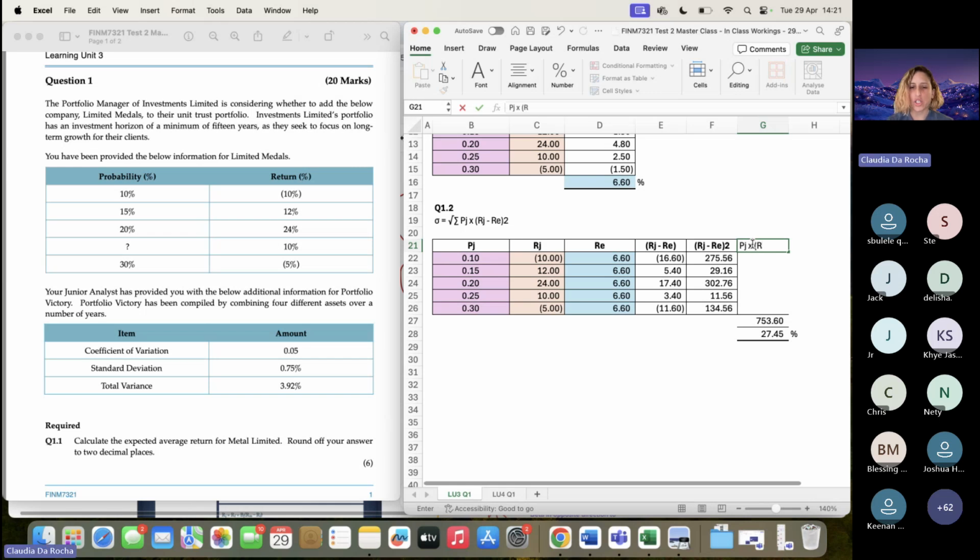Minus RE to the power of 2. Yep, because that's the whole point. There we go. Much better. Thank you very much for that.